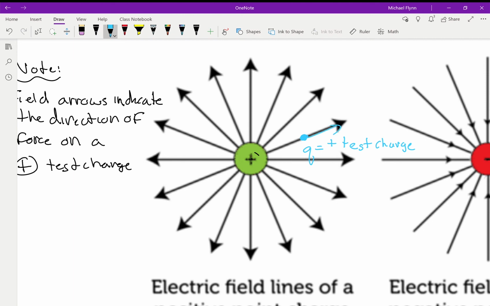Now, if instead I put Q over here, my positive test charge, it's going to experience a force. It's going to be repelled from that green positive charge that's producing the field. So it's going to experience forces no matter where I put it, along these vector lines.